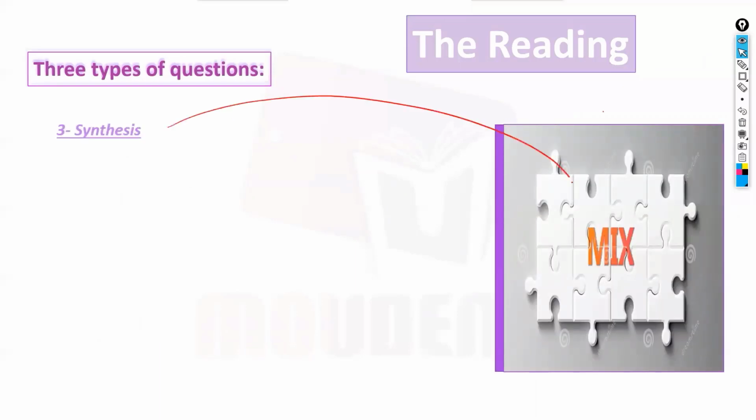As you can see in the picture, I wrote "mix" because synthesis is simply mixing. This word could be a new vocab word for you. It simply means to mix two ideas, to mix two things, to make something new. So synthesis is mixing.